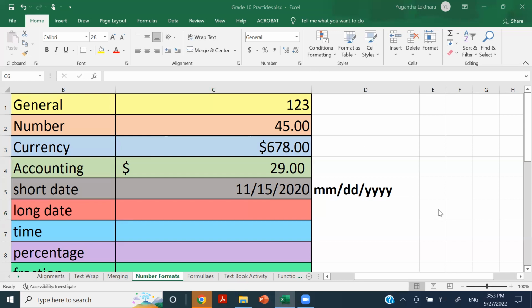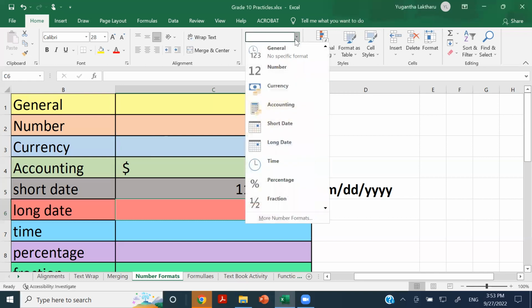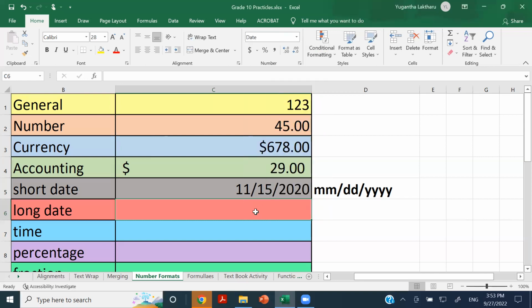Right, now long date in the sense is like a descriptive date that you are going to see. If I change this format into a long date, and if I type 5 minus 3, so this is the one that they can say. 5 means the month of May, then the 3.